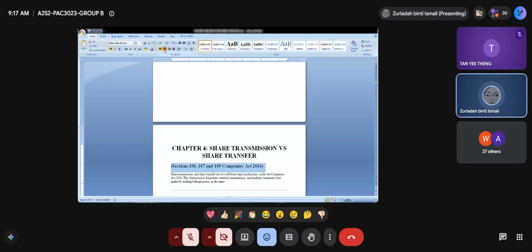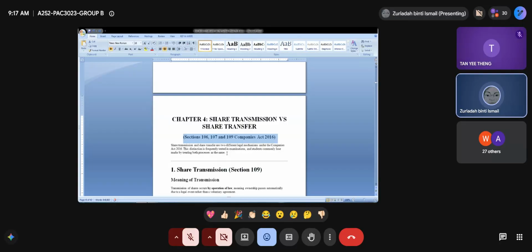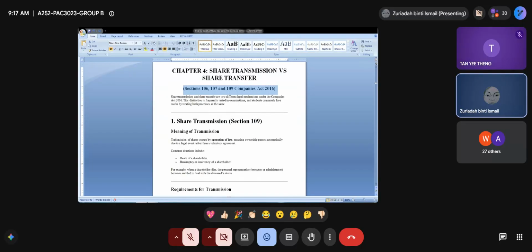These are the relevant sections, because you must have a clear understanding between share transmission and share transfer. They do not carry equal meaning. So you must be able to distinguish clearly what share transmission is and what share transfer is.